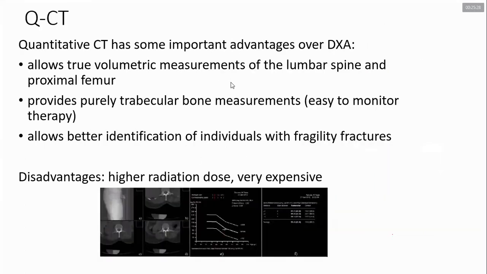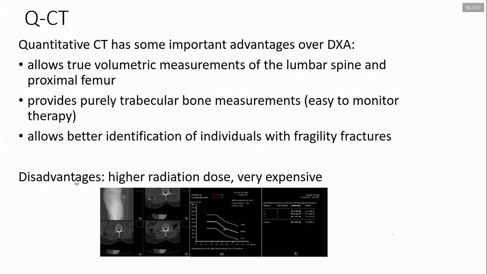There is another modality which is CT scan based, known as quantitative CT scan. It has quite some advantages because it can be done on large and obese patients who are not fit for DEXA scan. It gives a 3D kind of picture and allows volumetric measurement. It is more useful for trabecular bone measurement, so again useful for type 1 osteoporosis, the postmenopausal kind.